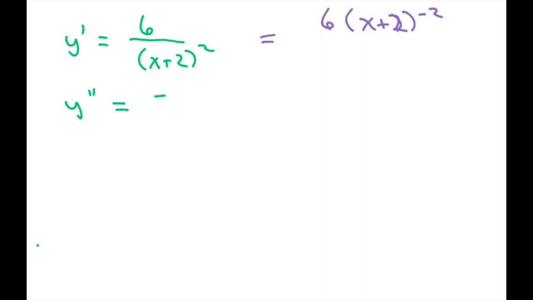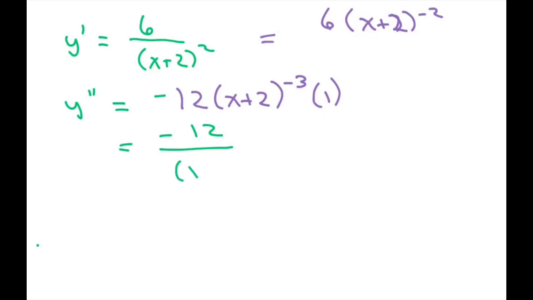So when you take the derivative, y double prime, you're going to get negative 12 times x plus 2 to the negative 3 times the derivative of the inner function, which is just 1. So that's going to end up being negative 12 divided by x plus 2 cubed.